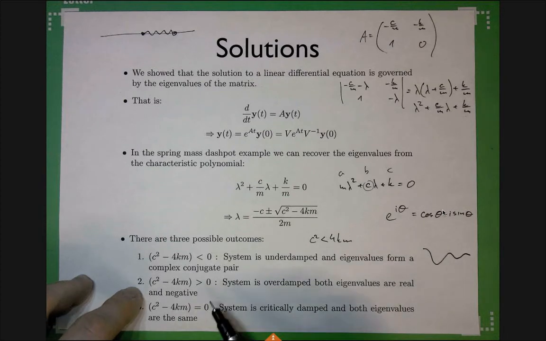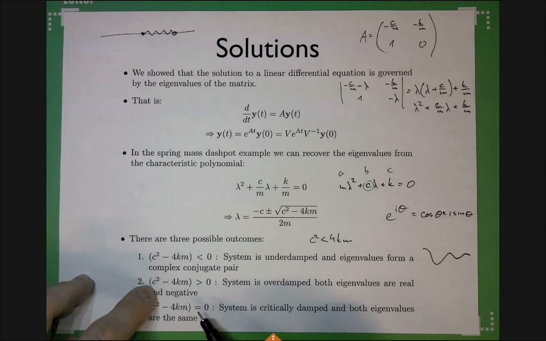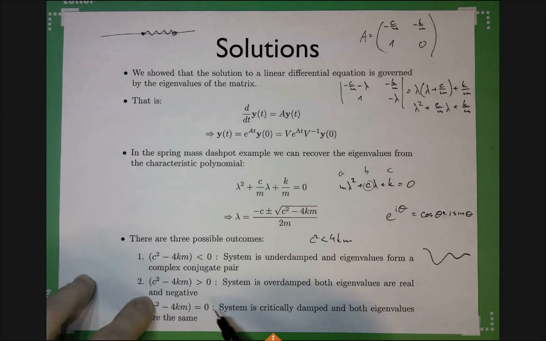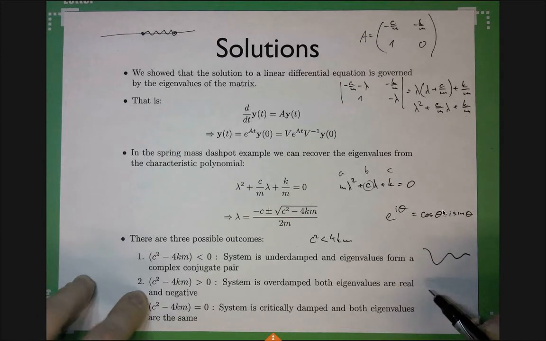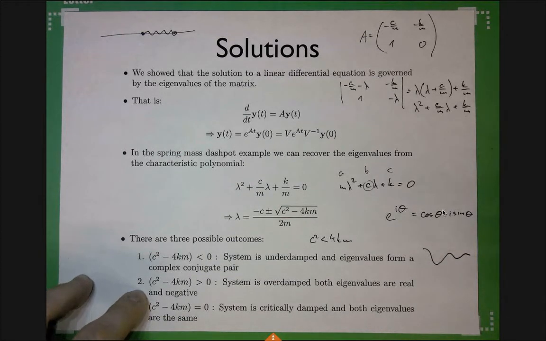So the second case is when the damping is really strong, where c squared is greater than 4km. In this case, the eigenvalues are real and negative, and what this means is that the resistance of the environment is really high.